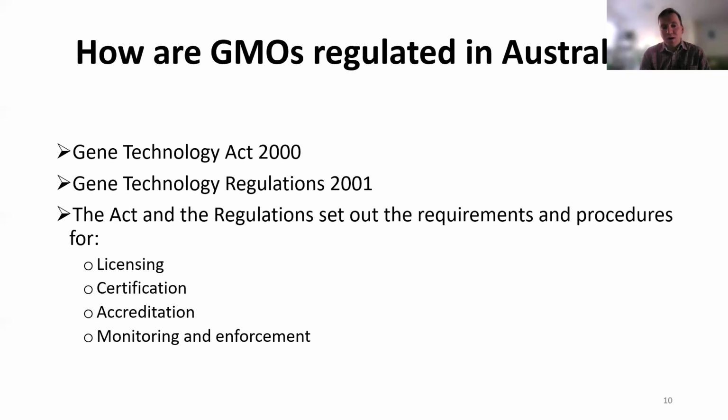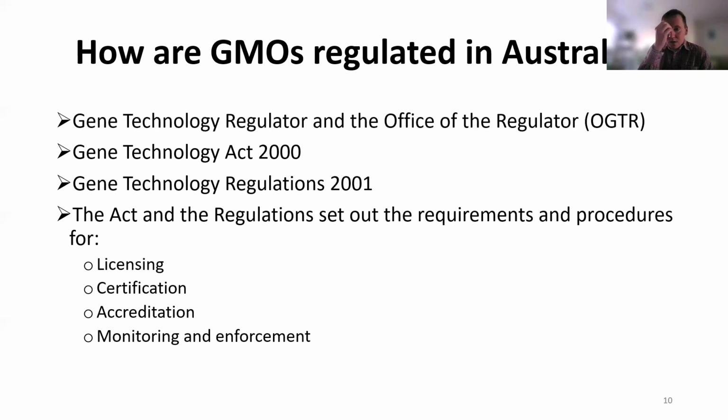There are quite several legal acts, but here are the basics. The main legal acts are the Gene Technology Act and Gene Technology Regulations. They deal with procedures for licensing, certification, accreditation, monitoring, enforcement, and so on.